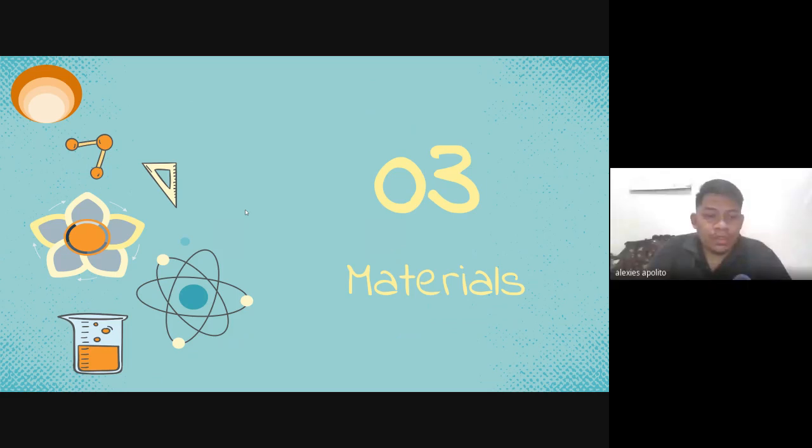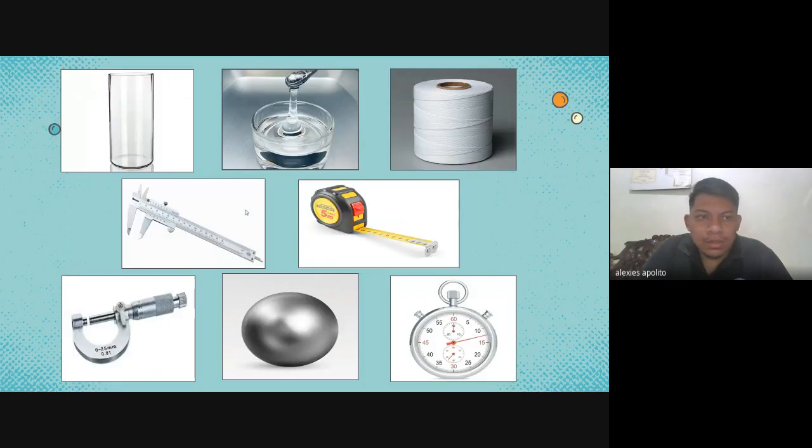For the materials used for our laboratory, the first picture shows a long cylindrical glass jar, and the second picture at the top part shows a transparent viscous fluid.